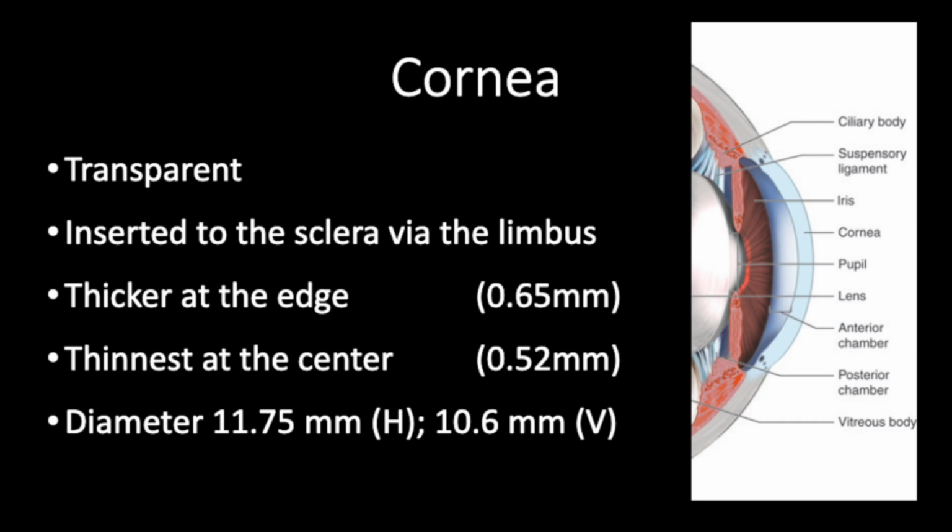Now, LASIK usually treats only the central 4 millimeters of your cornea. A cornea would have a normal diameter of about 11.75 millimeters horizontally and 10.6 millimeters vertically. So it's not perfectly round. It's like an oval, like a football, a little on the oblong side.